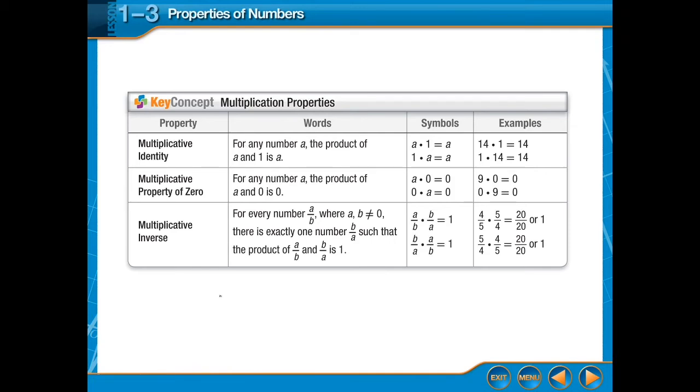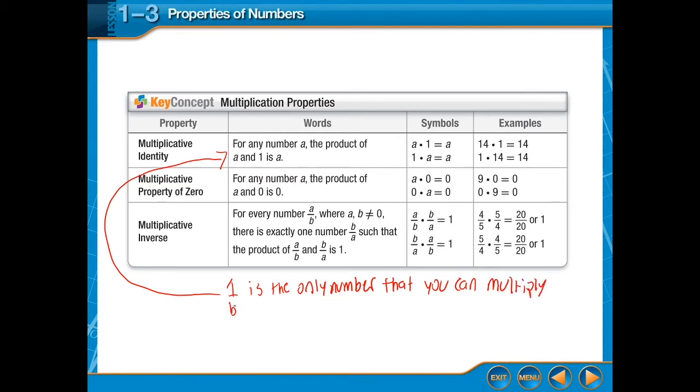The only number that you can multiply that will give you the same number back is 1. 1 is the only number that you can multiply by that won't change the value. 14 times 1 is 14. 1 times 14 is 14. Pause it when you need to.